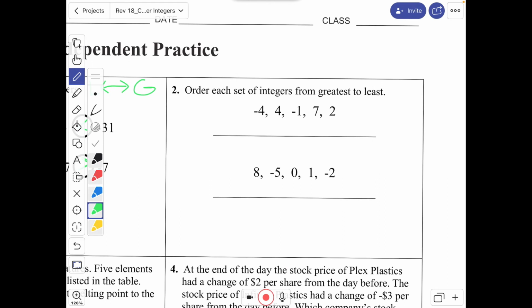Number 2, you're ordering each set of integers from greatest to least. So both of them are going from greatest to least. In this one, 7's the biggest. In this one, 8 is the biggest. 7, and then biggest is always positive, so 7, 4, then 2, and then which one is greater, -1 or -4? -1, and -4 would be to the farthest left, so it's the littlest.